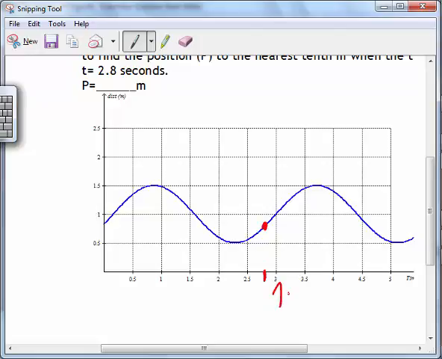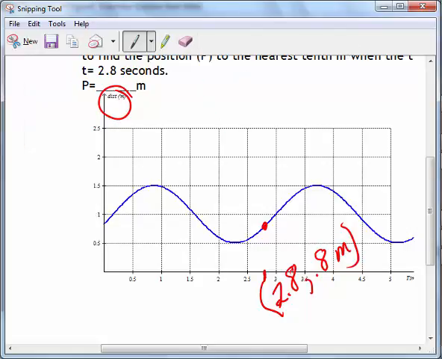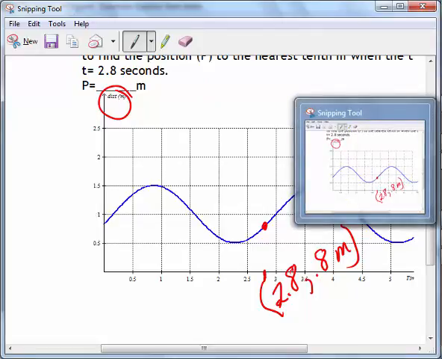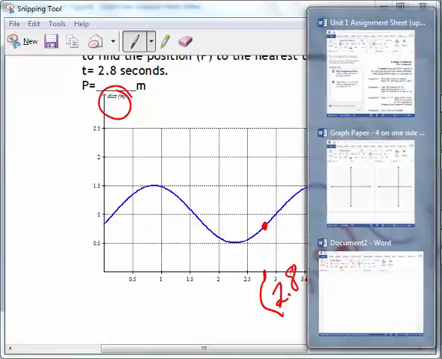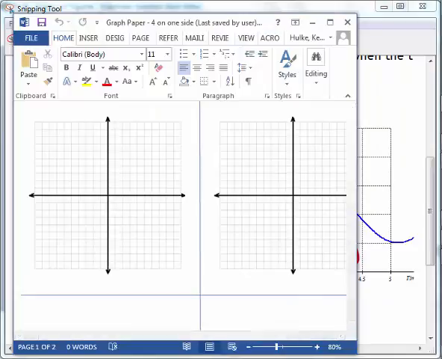So at 2.8 seconds, the pendulum appears to be about, I don't know, 0.8 meters. If you notice, here's the meters axis, so I'm kind of guessing a little bit, and sometimes you do have to when you are graphing. So that's a very important characteristic that you need to do.